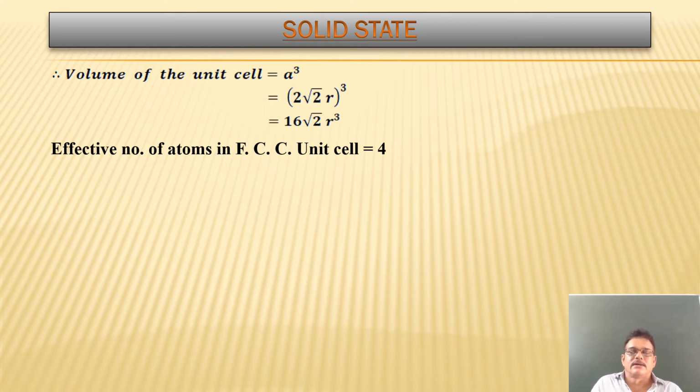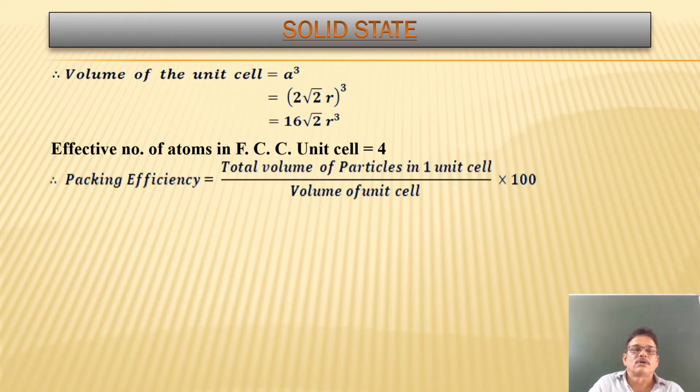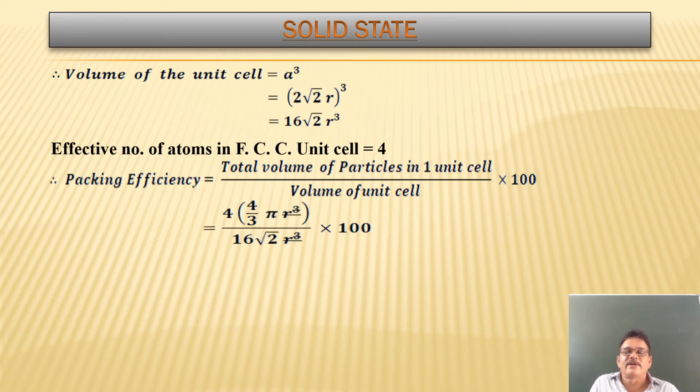Next, the total volume of the particles in one unit cell will be 4 into 4 by 3 pi r cube, because the volume of each particle is 4 by 3 pi r cube, as the particle is treated as a sphere. 4 by 3 pi r cube is the formula for the volume of the sphere, where r is the radius of the particle.